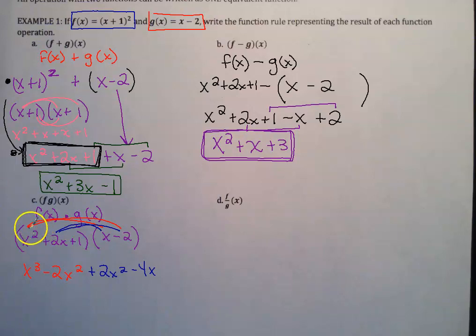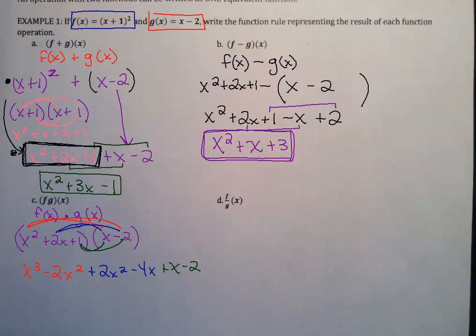I'm taking the x squared and distributing it to both the x and the -2. And then the 2x distributes, or FOILs, to both. Doesn't matter how many things you have, you can still FOIL. And then the last one, 1 times x is x, and 1 times -2 is -2. As long as you take each part in the first part and distribute it to every part in the last one, then you're set.